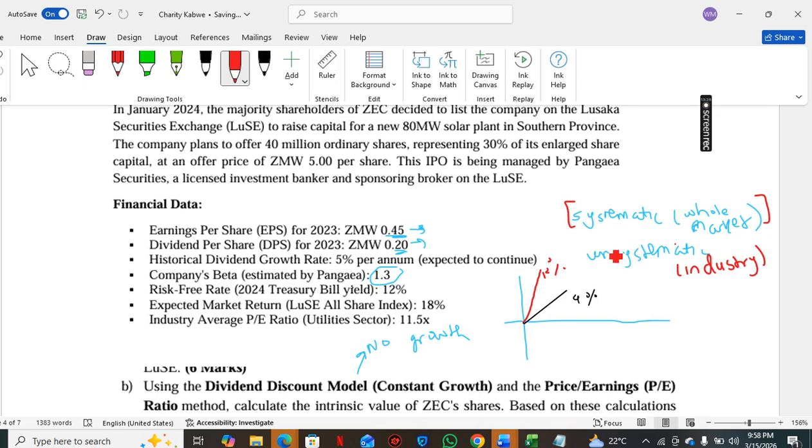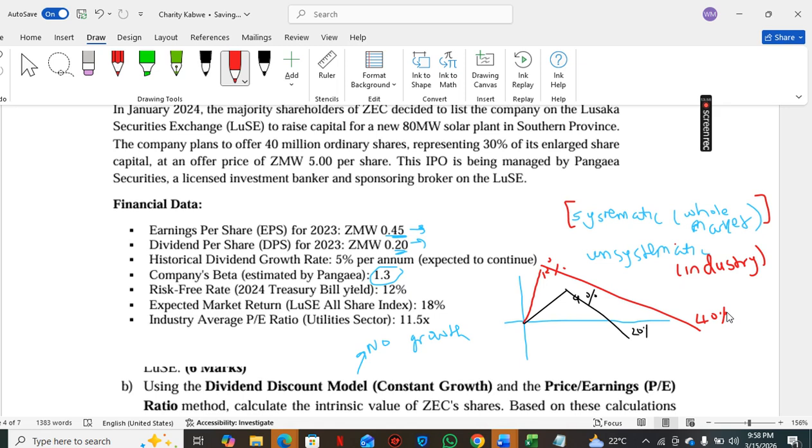But if the stock market drops, let's say by 20%, then for ZEC, it's going to drop way greater than 20%. It might drop by 40%. And here, you'll be affected worse than the other industries.